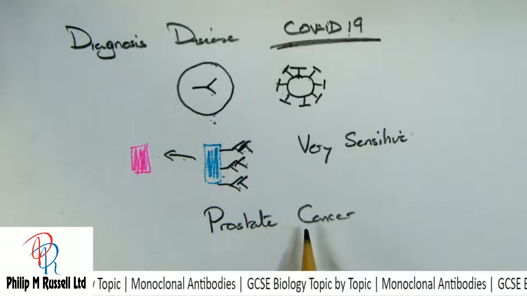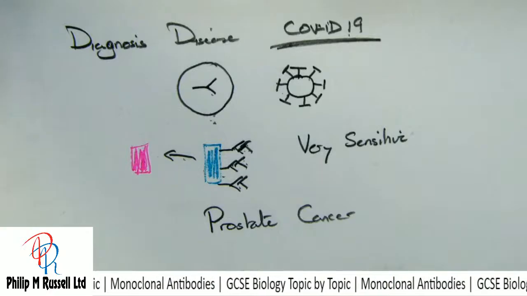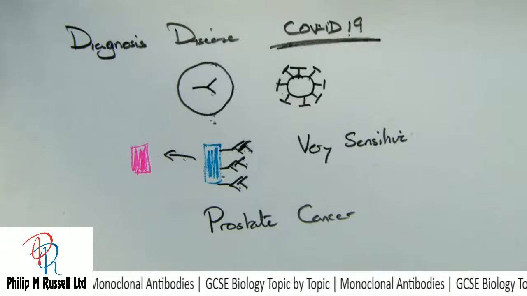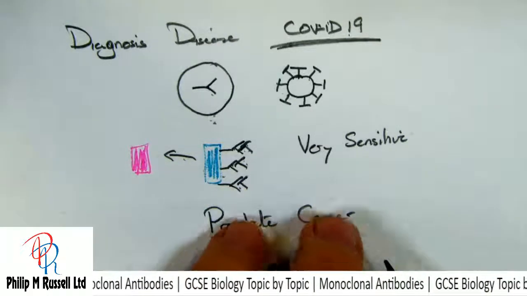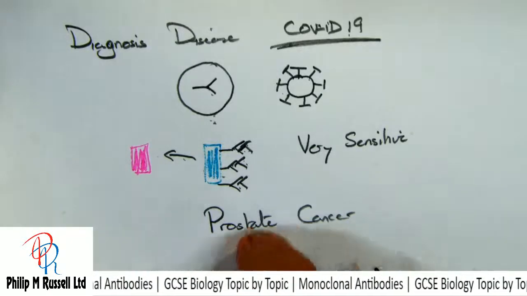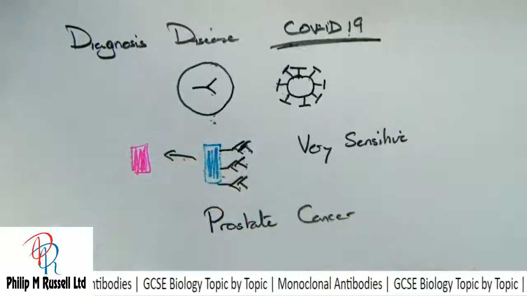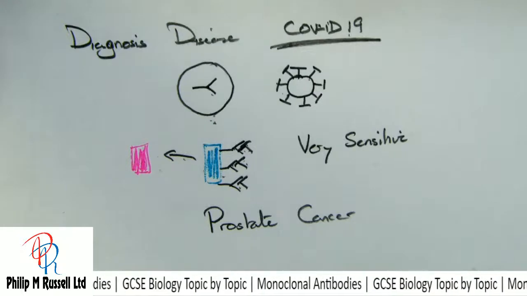But if this is producing something that we can then detect in a blood test, then we can get perhaps one of these chemicals in here, one of these antibodies, antigens, to bind to a colour, and we can see this, and you can see then whether they've got this disease or not.